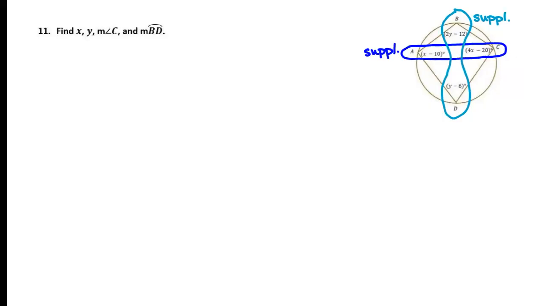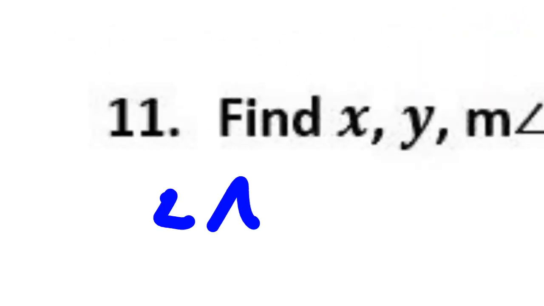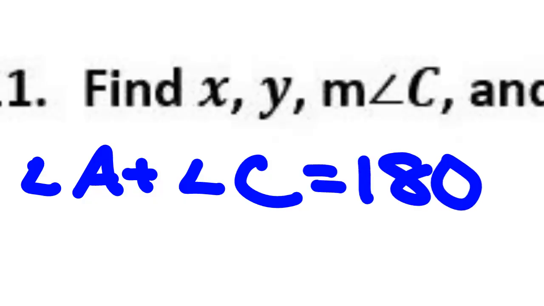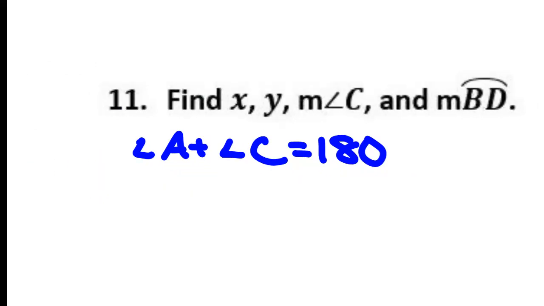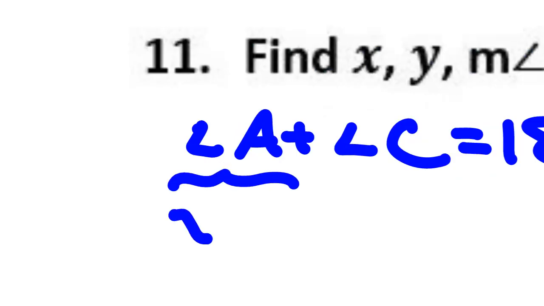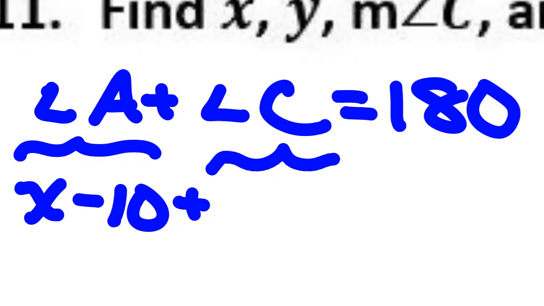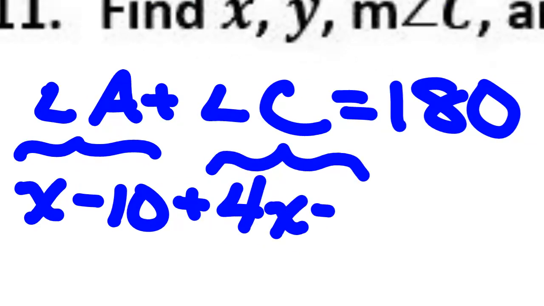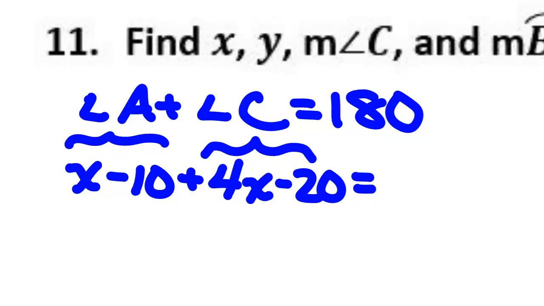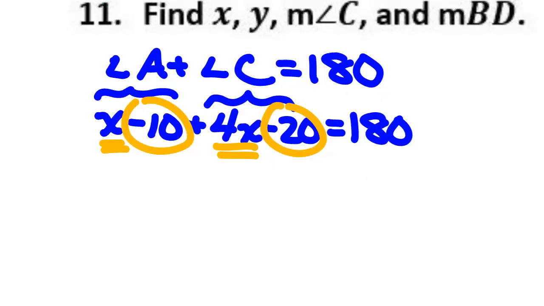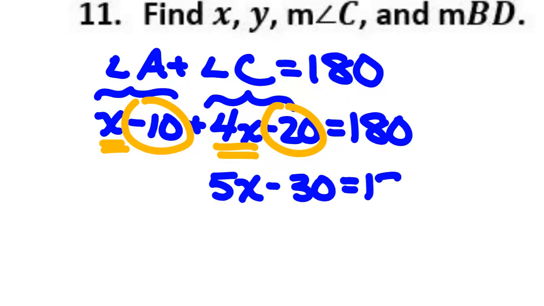So to find x, we're going to say angle A plus angle C equals 180. Angle A is x minus 10. Angle C is 4x minus 20. And that's equal to 180. Then we combine our like terms, x and 4x, negative 10, negative 20. That gives me 5x minus 30 equals 180.